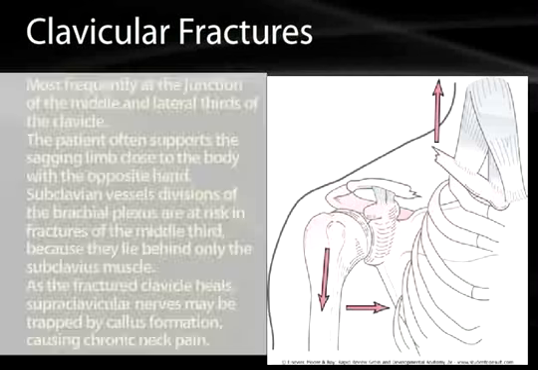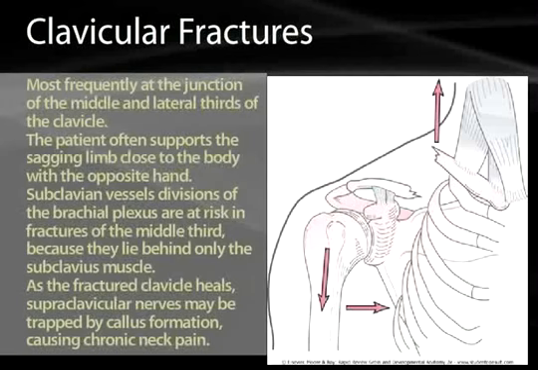Clavicular fractures occur most frequently at the middle and lateral thirds of the clavicle, and that's because it's a bare spot and there's no area of muscle to dissipate forces when they're transferred up through the humerus into the clavicle. This is a breaking out point.